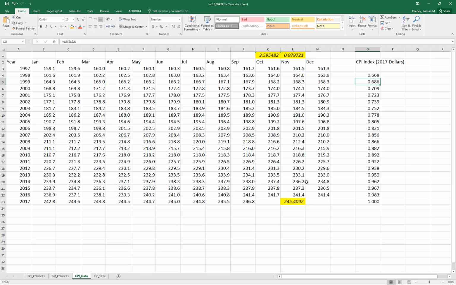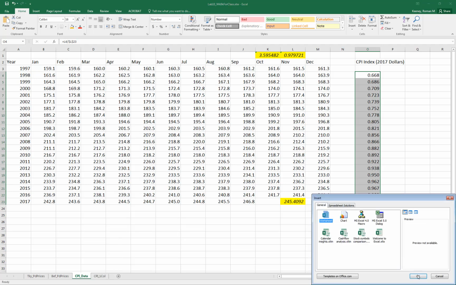So if this is a measure of the general price level, then the way we can normalize or convert turkey prices to $2017 is to use this 2017 coefficient here, and we'll divide all of our prices.